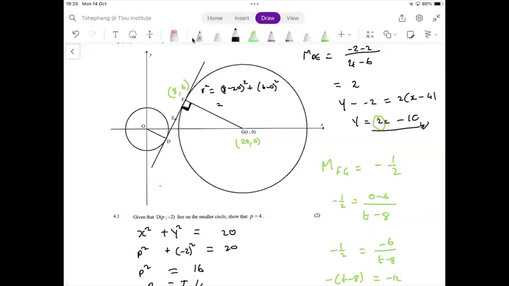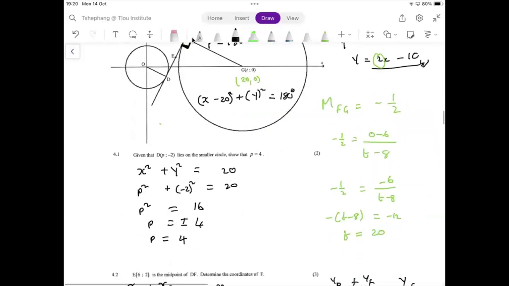Then calculator work, our R squared should give us 180. Now, once we have that, we can simply say x minus 20 all squared plus y squared, because y minus 0, is equal to 180.